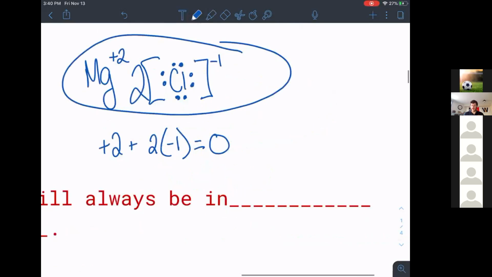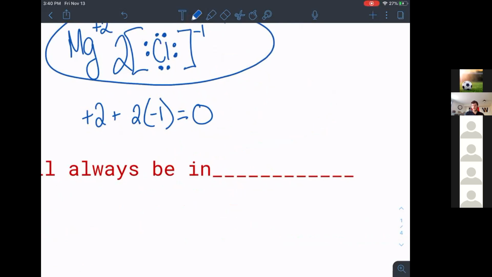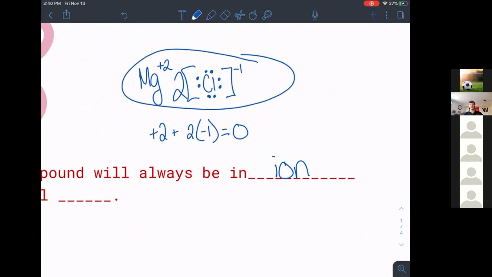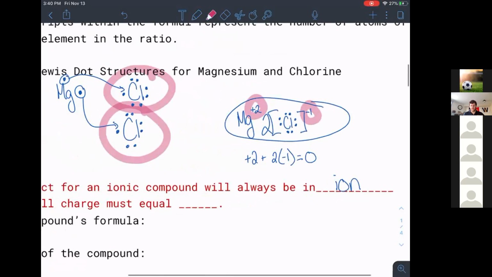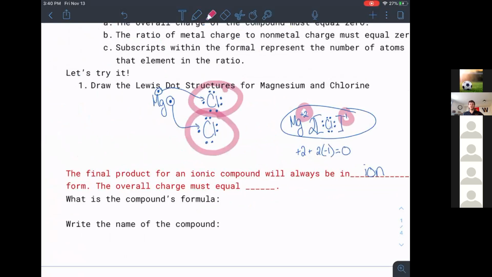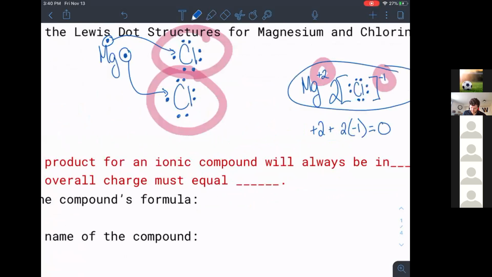We're just going to call it our ion form. Our ion form is our final product of our drawing because both of these are now ions because they have charges. So it's going to be our ion form where the overall charge must equal what number? 0. Perfect.